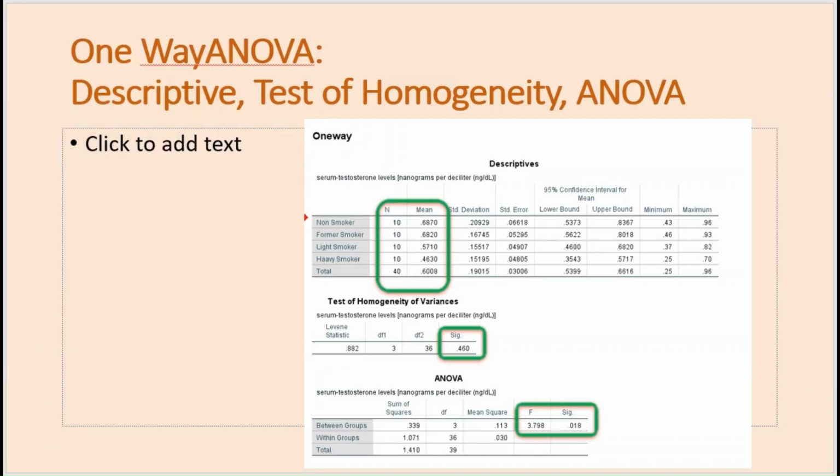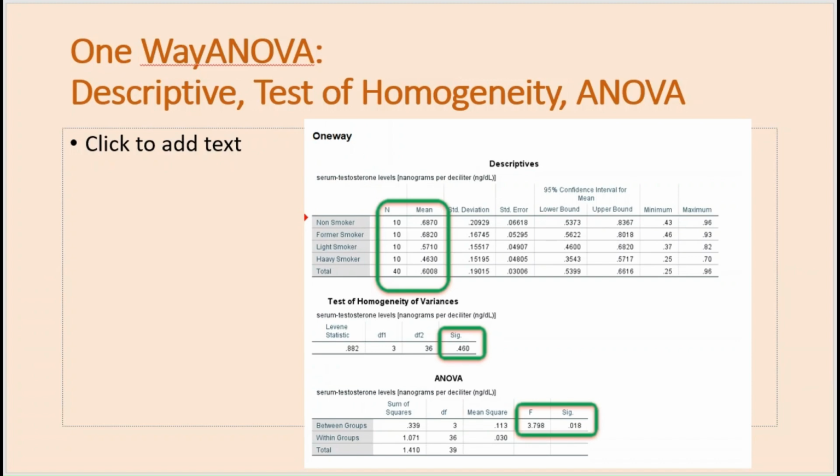Here we have the descriptives, test of homogeneity of variances, and ANOVA tables in the output viewer. The first is the test of homogeneity of variances. It shows the p-value 0.460, which means all group variances are equal, and the homogeneity of variances assumption is fulfilled.